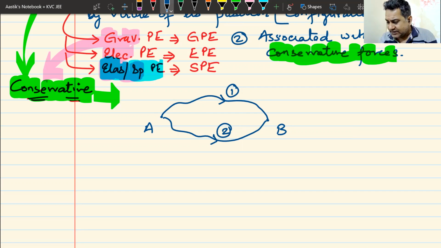Now let us try to understand why we have brought this concept of potential energy. We all are experiencing a conservative force in our daily lives. What is that conservative force that we are experiencing? We are experiencing the gravitational force of Earth, and that is why it is easier to understand potential energy from the concept of gravitational potential energy. It might not be so easy to understand it in terms of electrostatic, because we have not seen electrostatic forces at work.